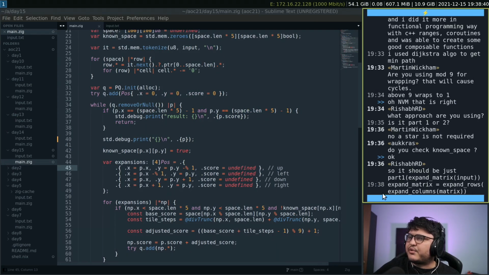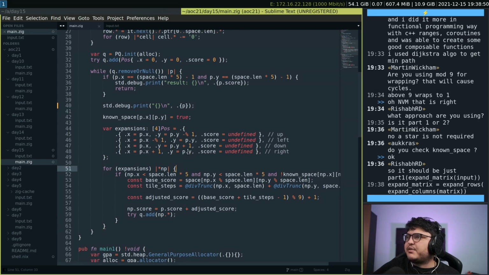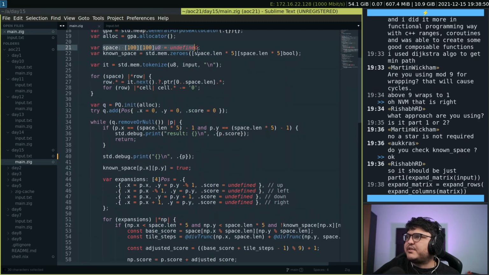I don't have any expand rows, expand columns. Or rather, okay, I think I see your point. You're saying make a giant matrix. I'm not making a giant matrix. I'm keeping a small matrix.